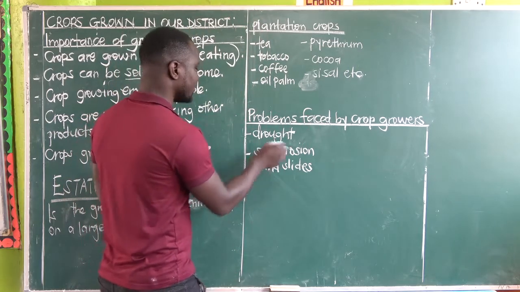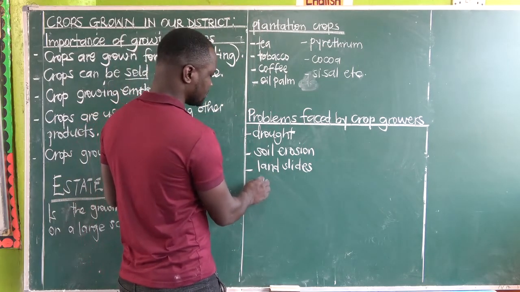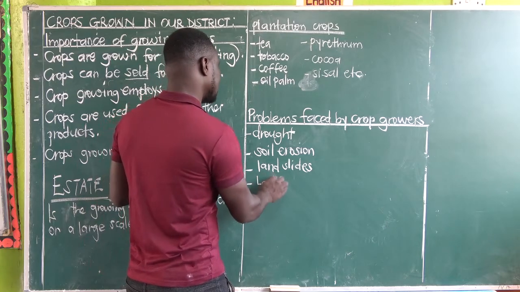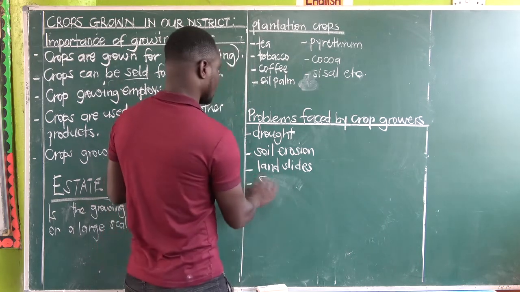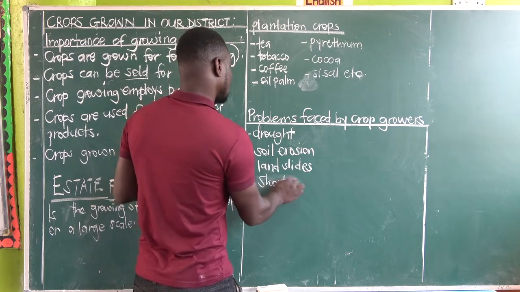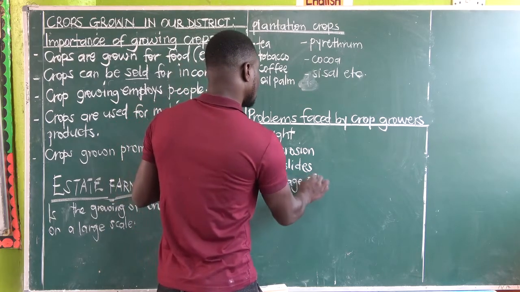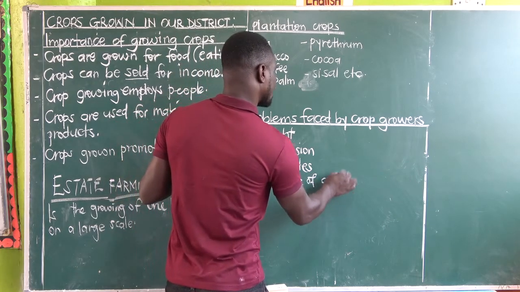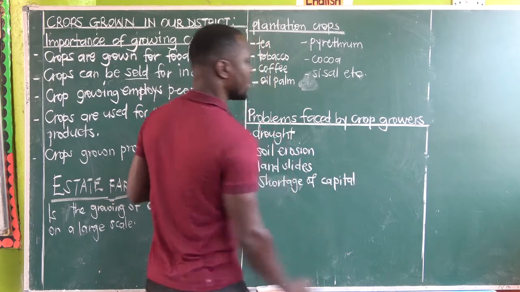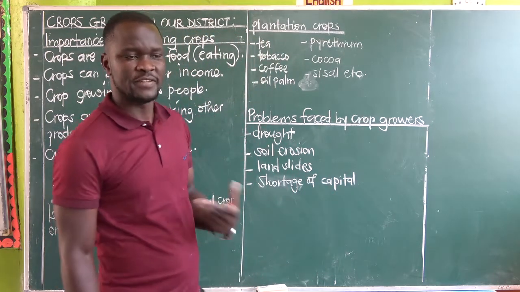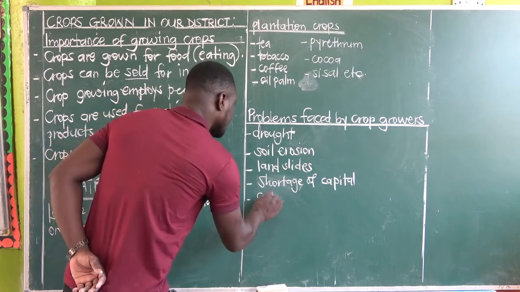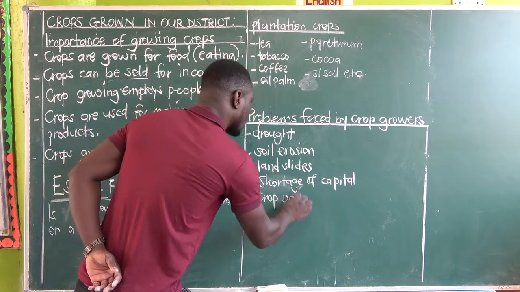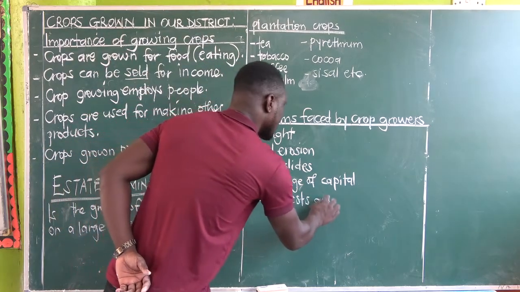And then we have another problem of lack of enough capital. We can simply call it shortage of capital. Here we mean the money to invest in the farm. And then we have crop pests and diseases.